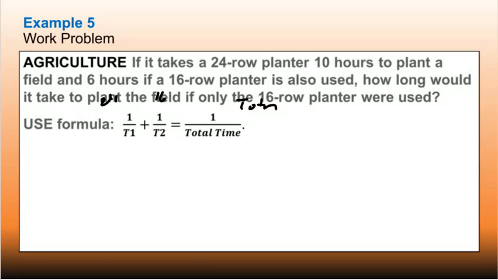So now if it takes a 24 row planter 10 hours, that would be 1 over 10. And if you think of rate times time equals distance, we're solving for the rate. So the rate is distance over time.